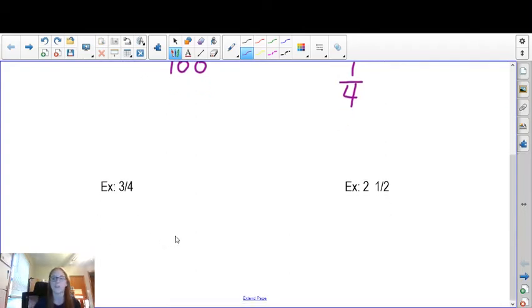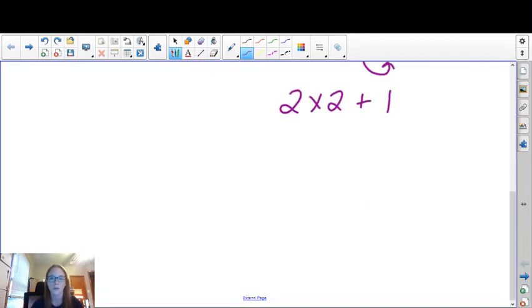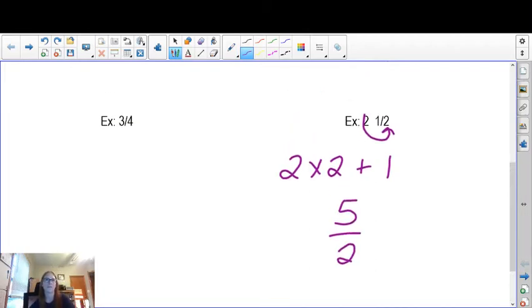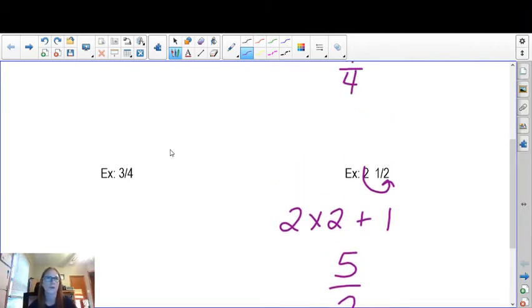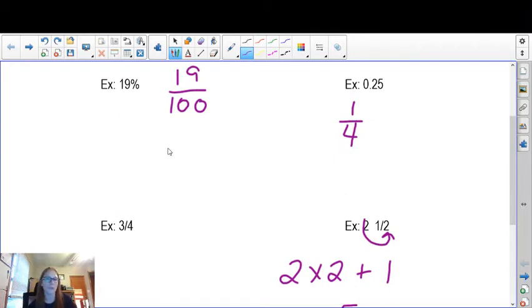And 2.5 can be written as an improper fraction by taking the whole number times the denominator, so 2 times 2, and then you add the numerator, so in this case 1. So 2 times 2 is 4, plus 1 is 5, so that gives me 5 halves. So some kind of comparison, so 5 over 2, 3 over 4, 1 over 4, 19 over 100.